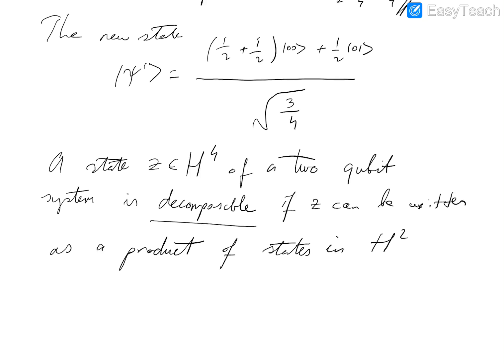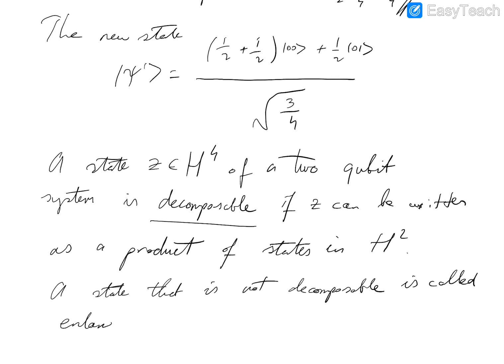A state that is not decomposable is called entangled. Of course, this generalizes to any state of any dimension.